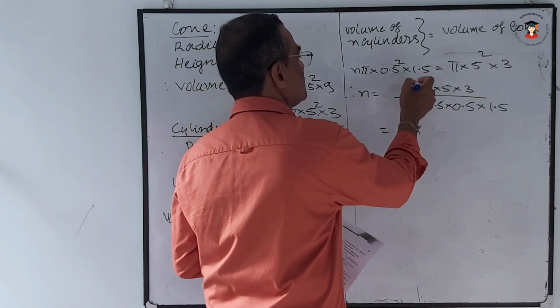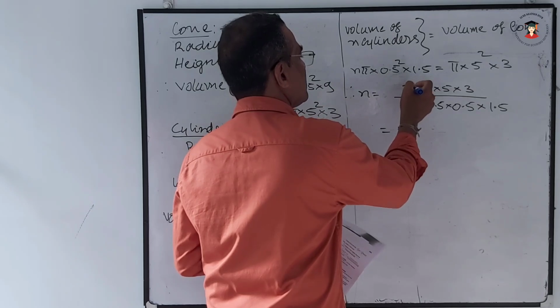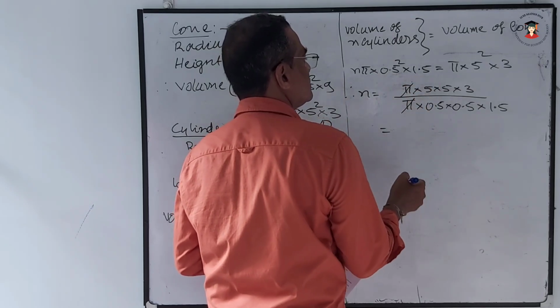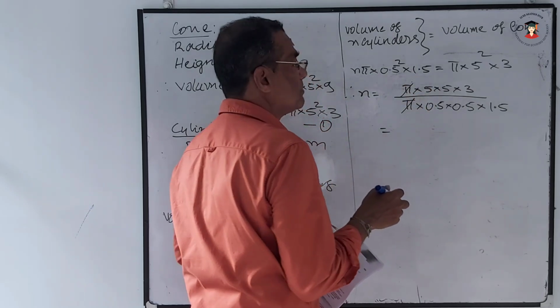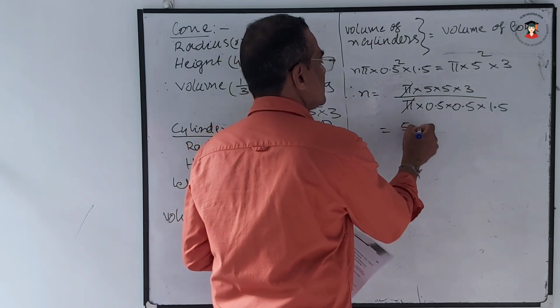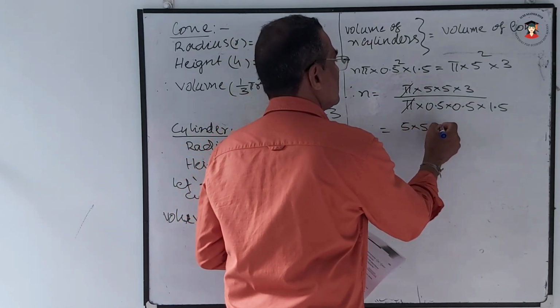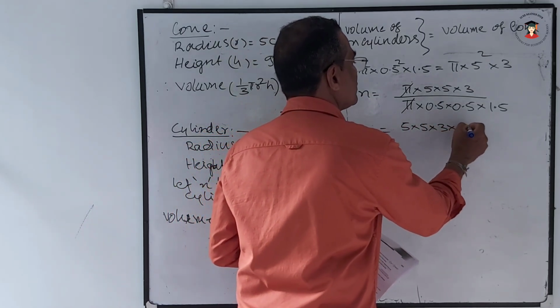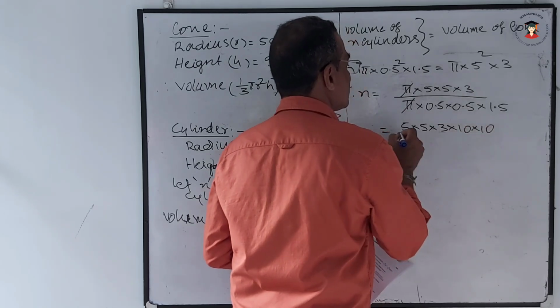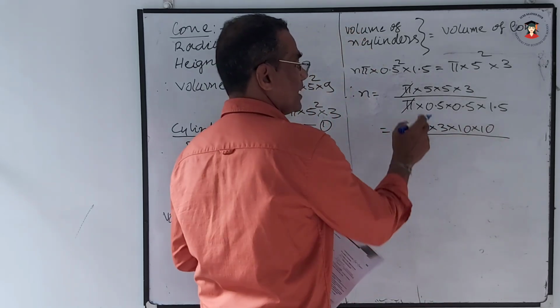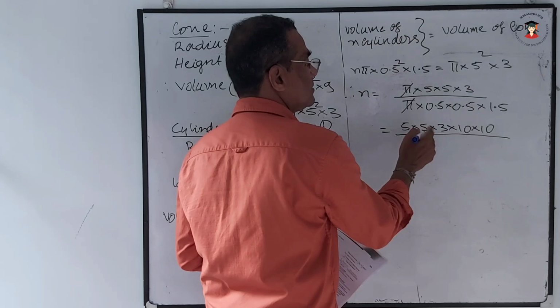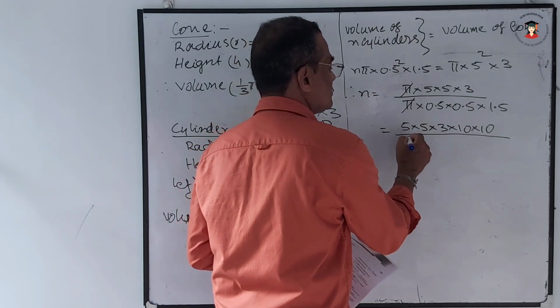This is equal to, pi and pi will go. For an easy simplification, you multiply with 10 into 10 both the numerator and the denominator, so that when multiplied by 10, this 0.5 will become 5.